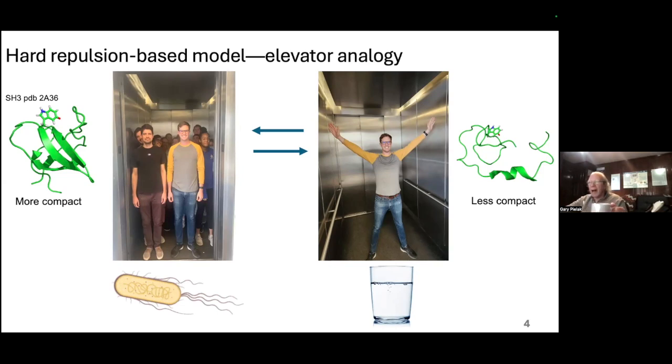He has to be compact. So what that means for protein stability is that crowding pushes the equilibrium towards the folded state. In other words, crowding should stabilize proteins. This is the classic explanation of what crowding should do.